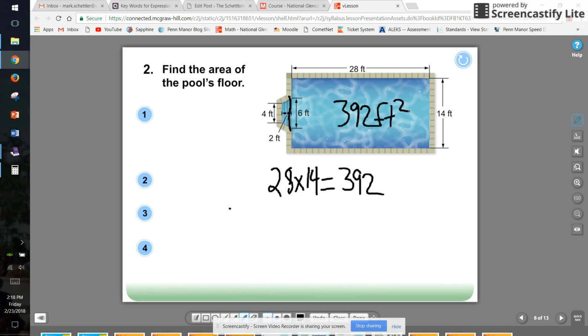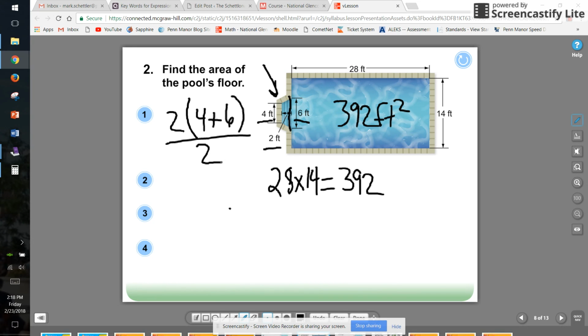However, I didn't figure out this little area over here. If you recall, the way to find the area of a trapezoid is take its height, which in this case is represented by 2, times B1, which is 4 feet, plus B2, which is 6 feet, and divide that whole thing by 2, and that will give us the area.